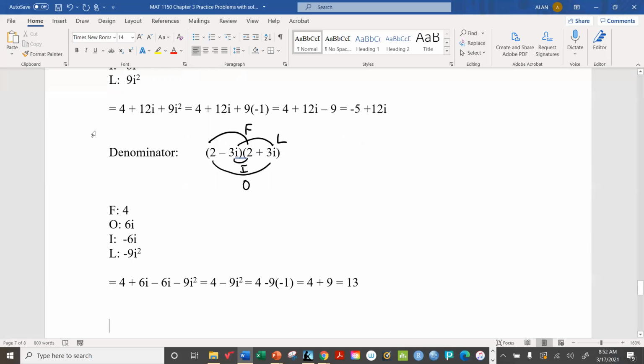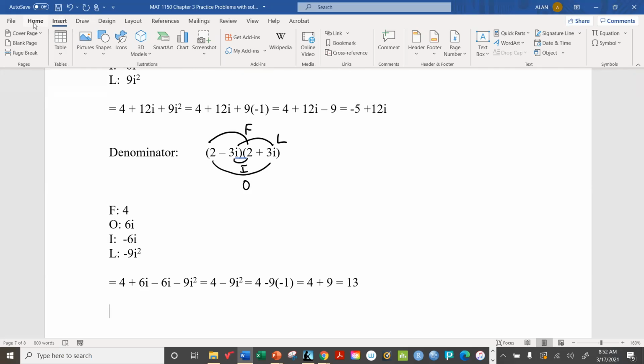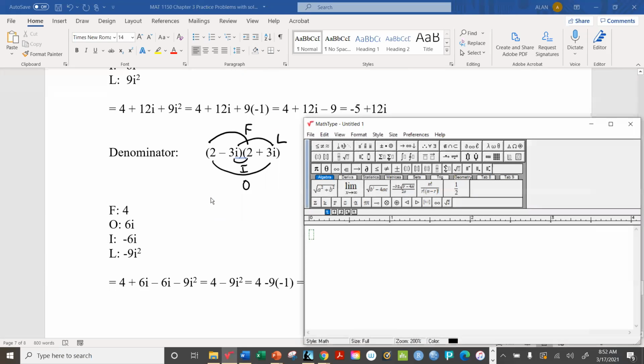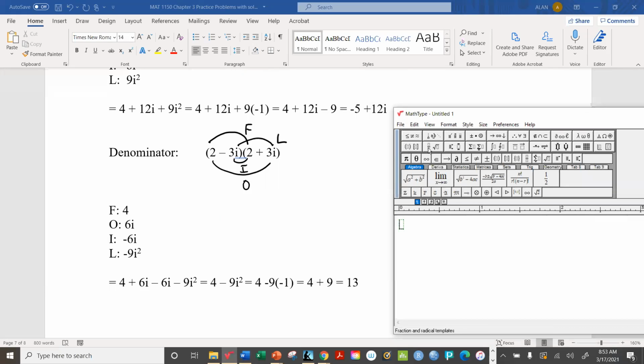All right, so when we're done, we've got a ratio of a complex number to a constant. And let's see, what does that give us? That would be the ratio of negative 5 plus 12i all over 13.